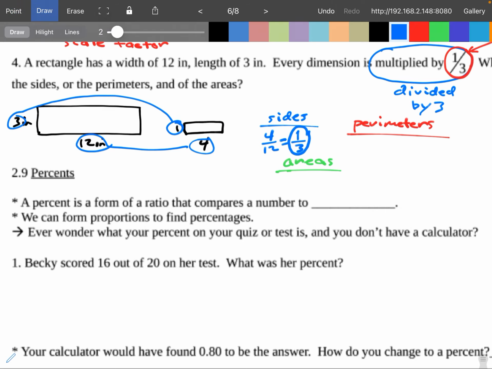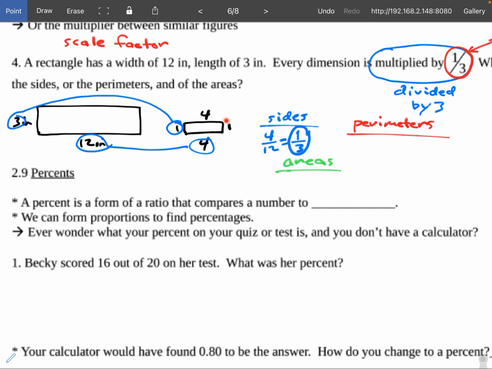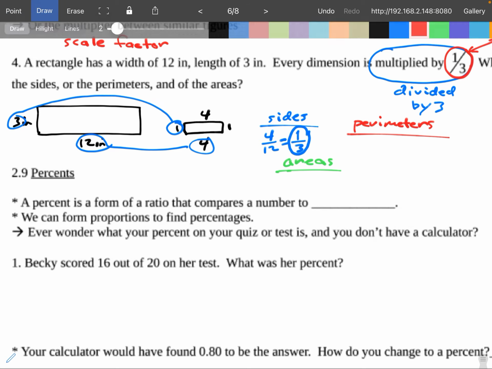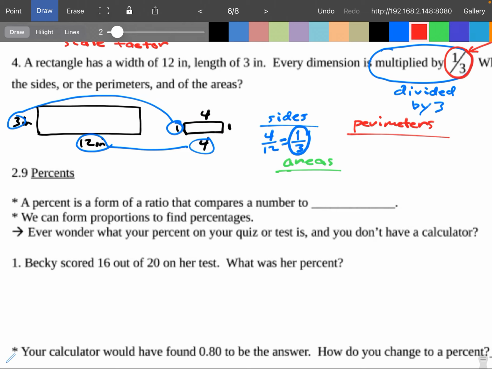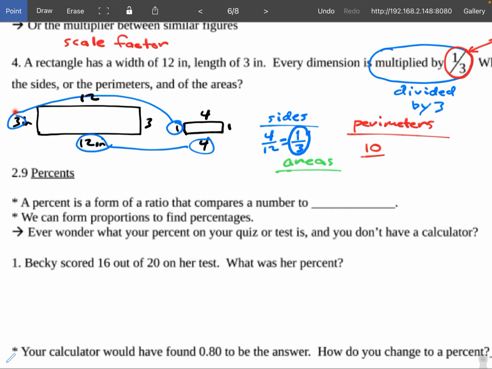What about the perimeters? The perimeter, you add up the distance around, right? So 10. So the perimeter of the little one, let me put these on here first. So this side would also be 4, and that side would be 1, right? So what's the perimeter of that one? 10. Yep. So it'd be 4 plus 1 plus 4 plus 1. So that is 10. And again, remember, we're doing this a little over big.